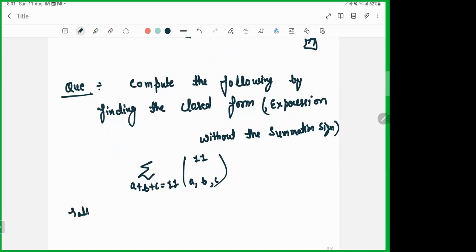Tell me, what does this notation 11 choose a, b, c mean? This is done in your class now. First tell me the meaning of the notation 11 choose a, b, c. No one?